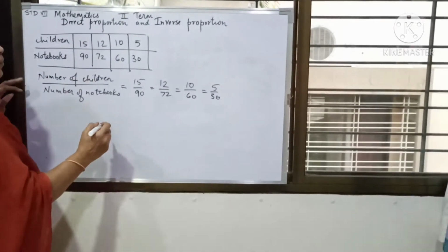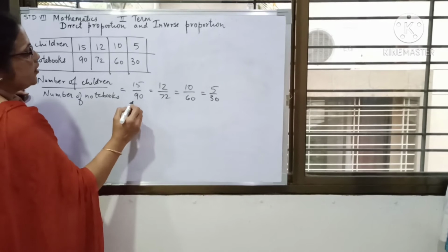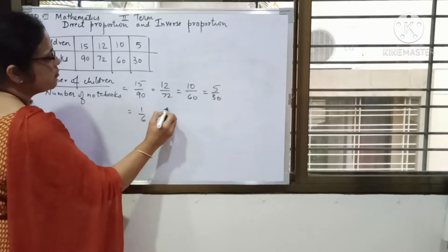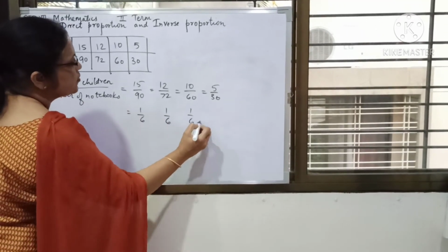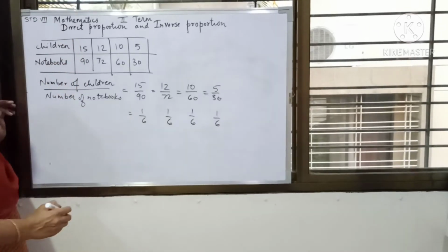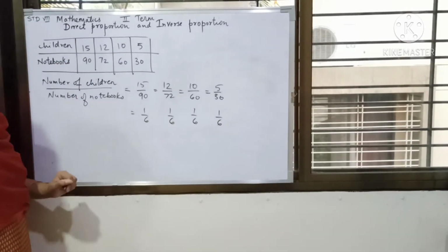So if you find the ratio, it comes to 1 upon 6, 1 upon 6, 1 upon 6 and 1 upon 6. Here the ratio is constant or same.